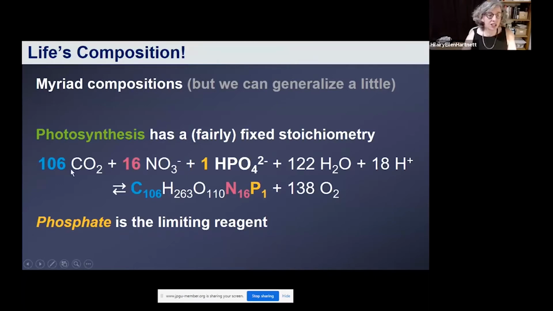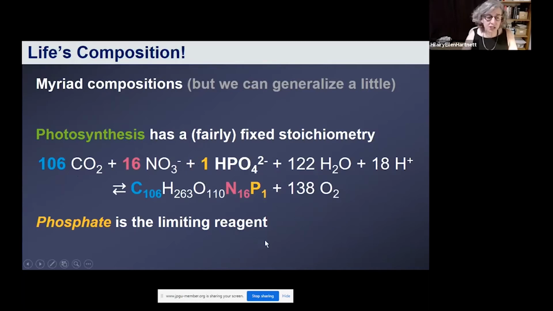So you need 106 moles of CO2, 16 moles of nitrate, 1 mole of phosphate, some water, some protons for charge balance, and you make this horrible looking molecule, which is just a representation of organic matter, but it has the same carbon, nitrogen, phosphorus ratio as the starting materials, and you make oxygen.